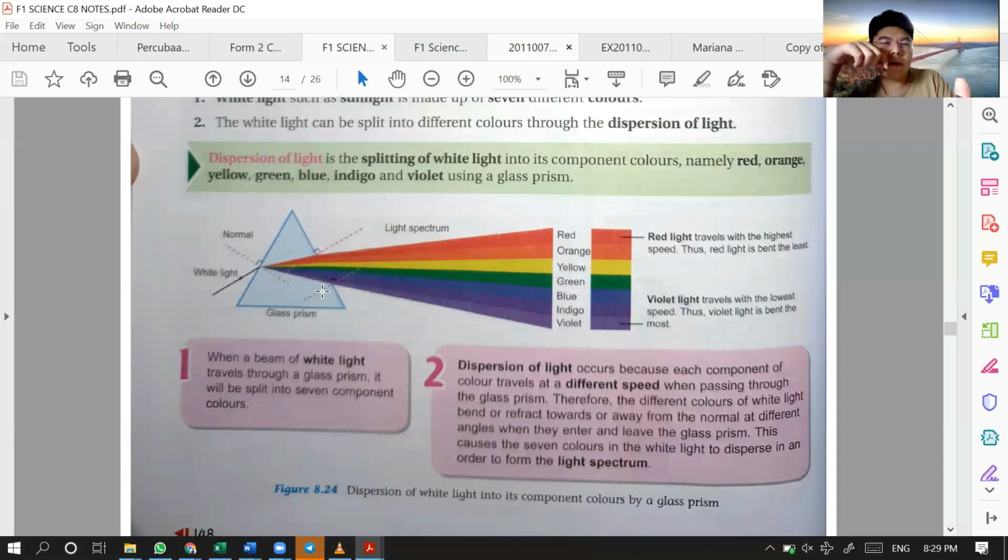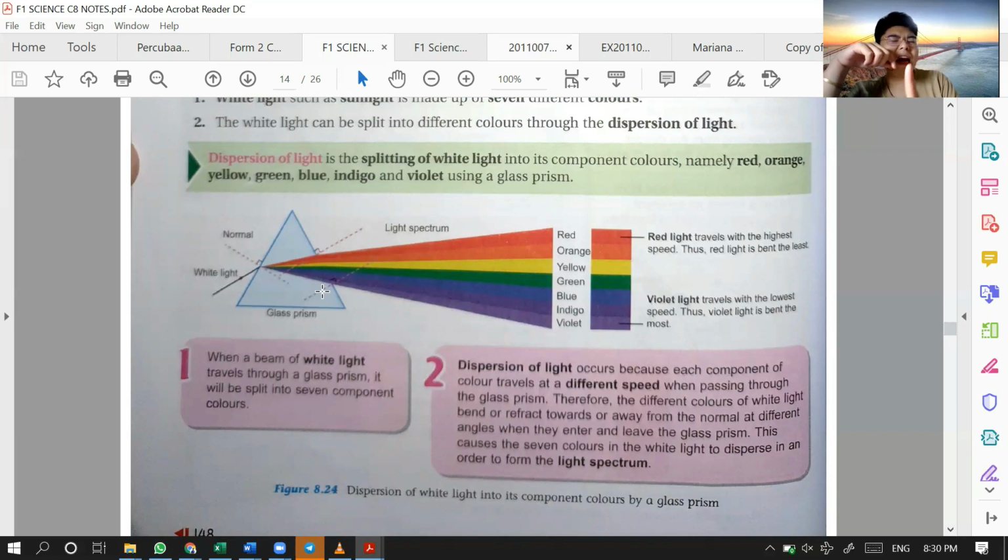What about the speed? Red color light travels the fastest.